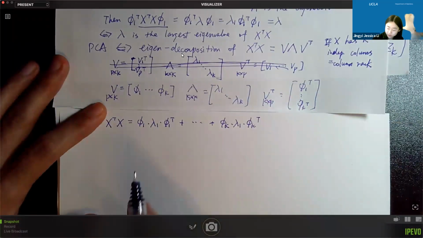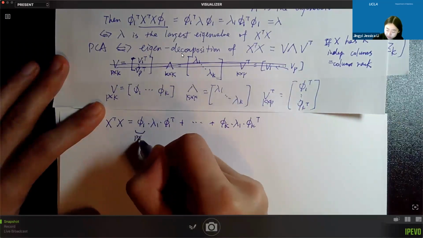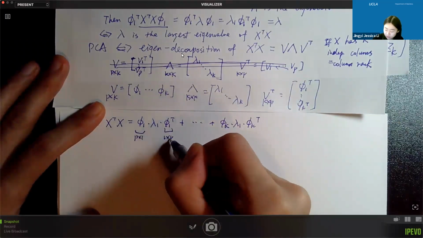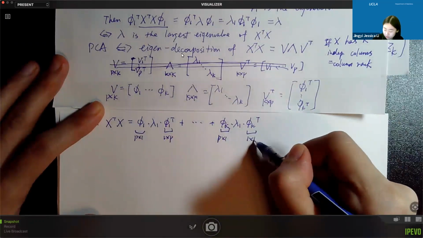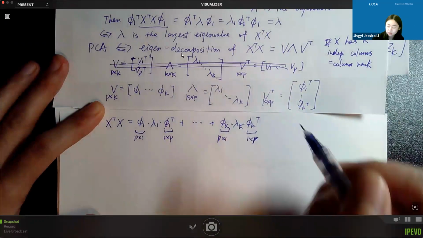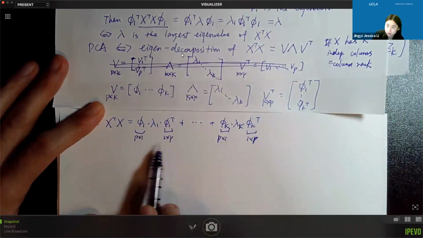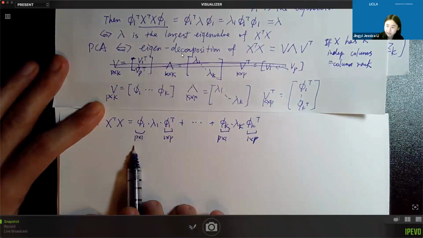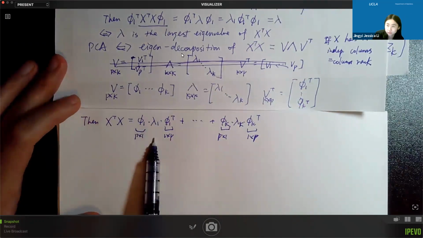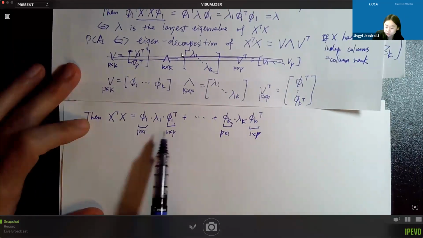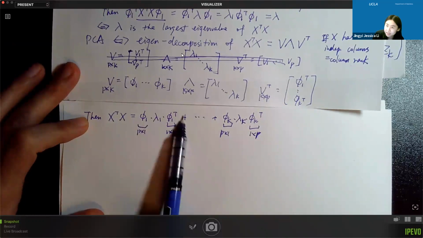You see, this is very interesting. This is a P by 1 vector, this is a 1 by P vector, and this is lambda K. So we call this an outer product. An outer product is that you use a vector: a vector's outer product with itself gives you a matrix, while a vector's inner product with itself gives you a scalar.